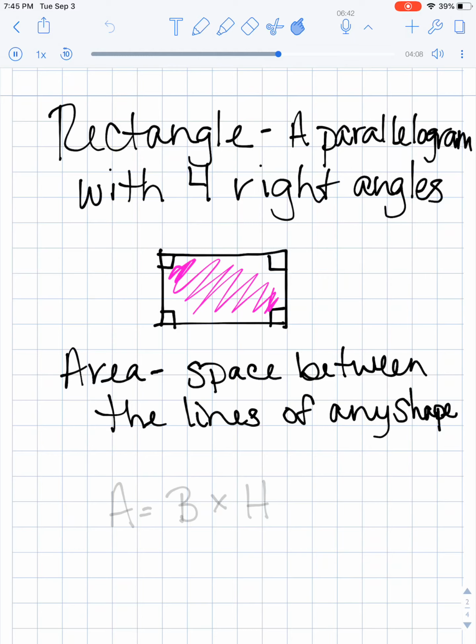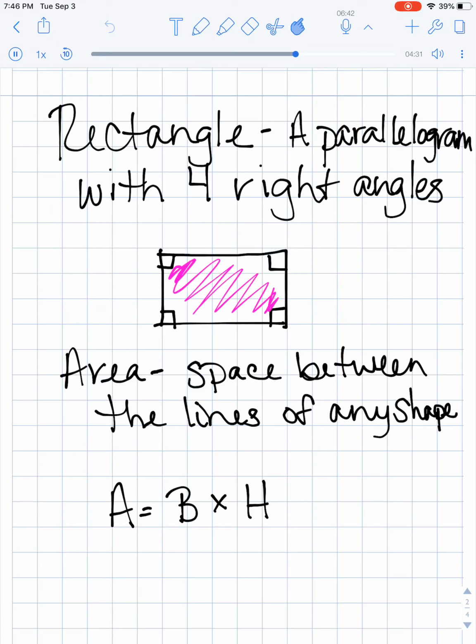Then, finally, we defined what area is. So the area of a rectangle or a parallelogram or a square can be found by taking the base times the height. Okay? It's very similar to length times width.